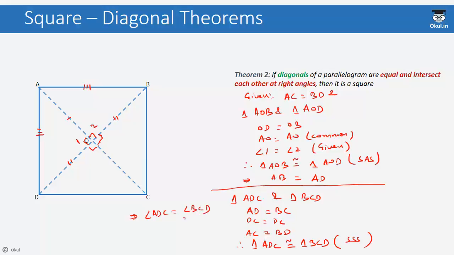But since these are consecutive interior angles between two parallel lines, angle ADC plus angle BCD is equal to 180 degree. Therefore, angle ADC is equal to angle BCD is equal to 90 degree. Therefore, all the angles of the parallelogram are 90 degree. Now, since the sides are equal and every angle is 90 degree, this particular parallelogram is a square.